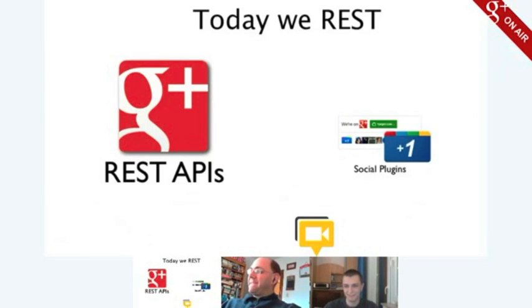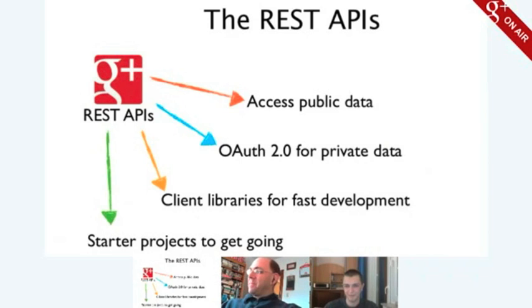So what are the REST APIs really about? The REST APIs are primarily about accessing public data on Google+. So it allows the applications that you write, whether they be web applications, mobile applications, whatever, to access the data that's on Google+, that users have created, via a language-agnostic, platform-independent way.